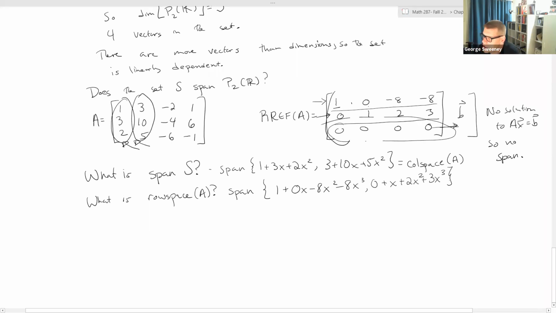You see that? I just took the row vectors and turned them into polynomials. And that's my row space.